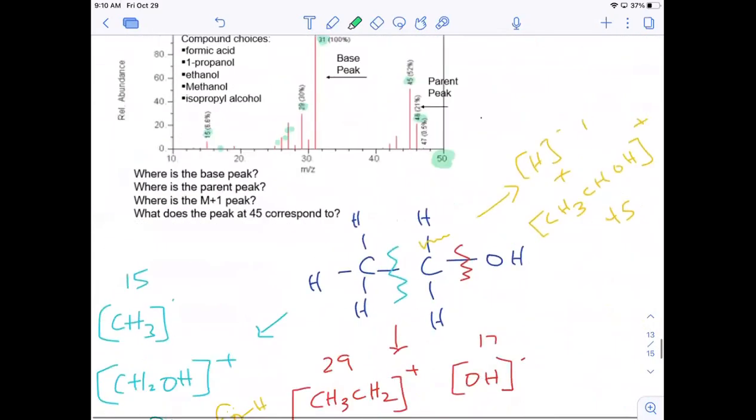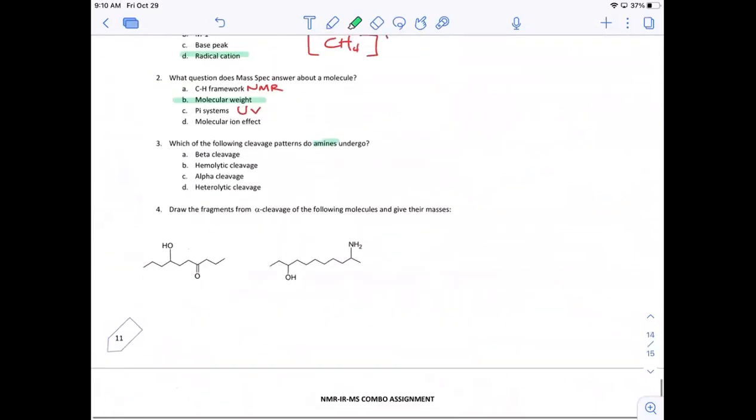It's not on here, but it's alpha cleavage, right? What is the homolytic cleavage? Nothing. Oh, okay. It's a throwaway answer. If you know the different patterns, you know that's not one of them that we talked about.